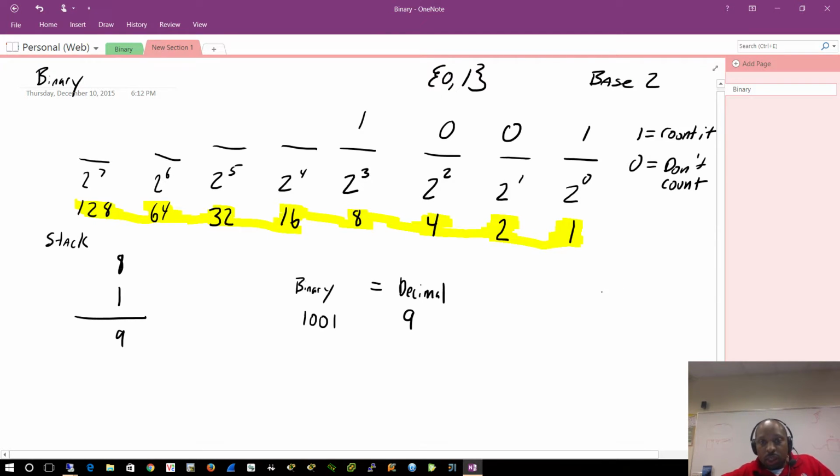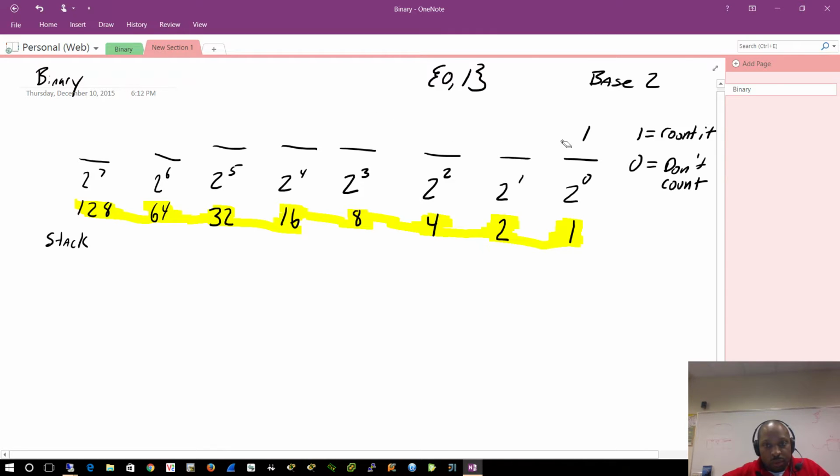But let's do another number here. We'll clear our stack. Let's write the number 101101111. Let's see what this number is going to be.